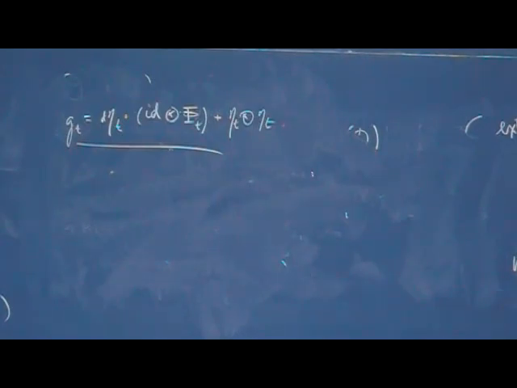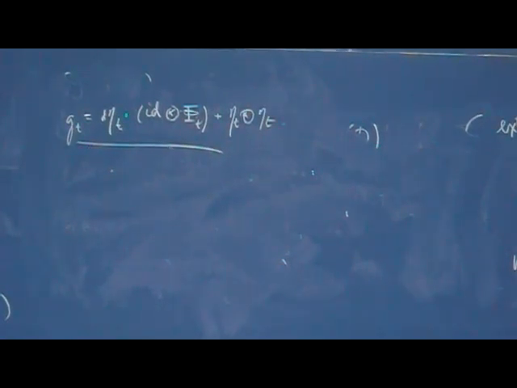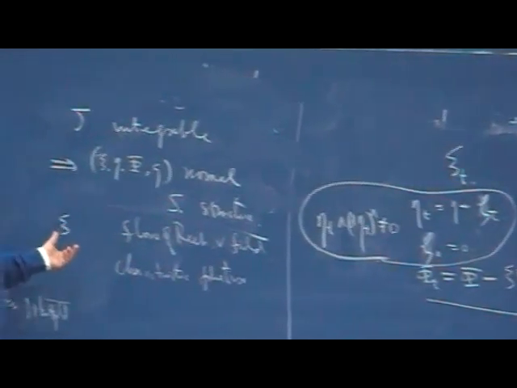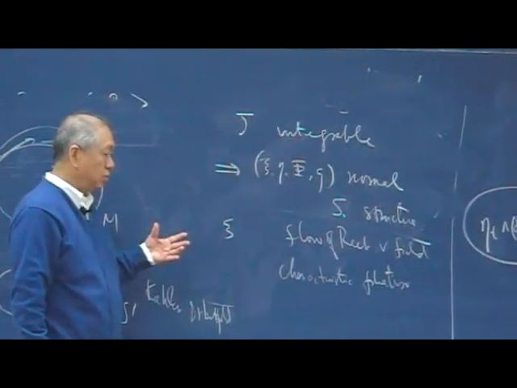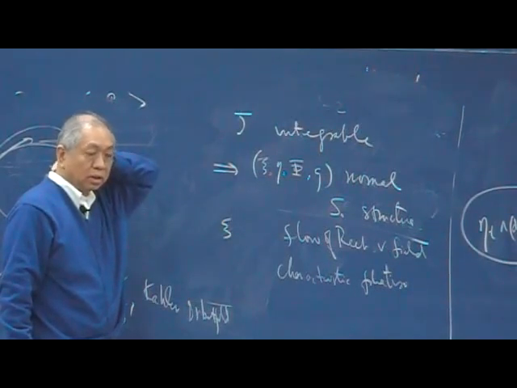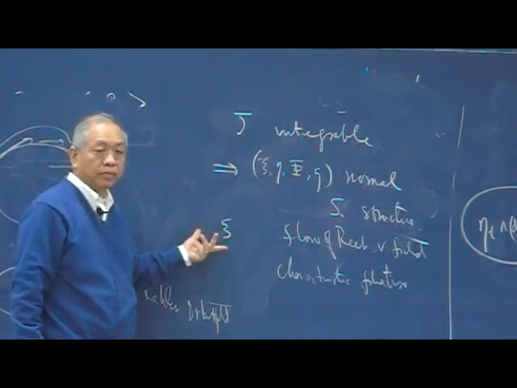Basically, the whole thing is to imitate what happens in Kähler geometry and try to build it. So at the end, what we want to do is to write down the Kähler-Einstein equation in the Sasaki version. And from there, you can prove the existence of Einstein structure.